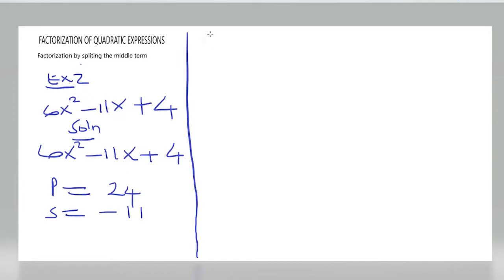These numbers on my side are 8 and 3. But remember, we have negative. So when I take negative 8 plus 3, I get negative 5, so it does not work. But what if I use negative 3? Negative 8 plus negative 3 is negative 11, and negative 8 times negative 3 is 24. So my numbers are negative 8 and negative 3.